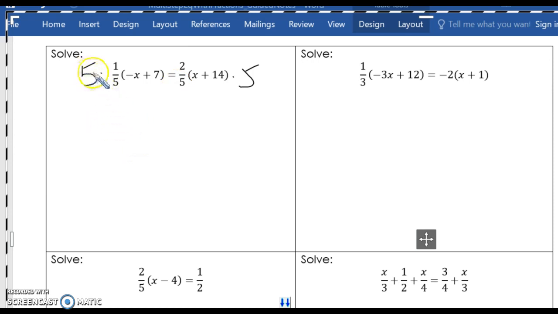And on this side, 5 times 1/5 is 1, so that eliminates the fraction and the coefficient altogether. And on this side, 2/5 times 5 is 10/5, or 10 divided by 5, which works out to be 2.